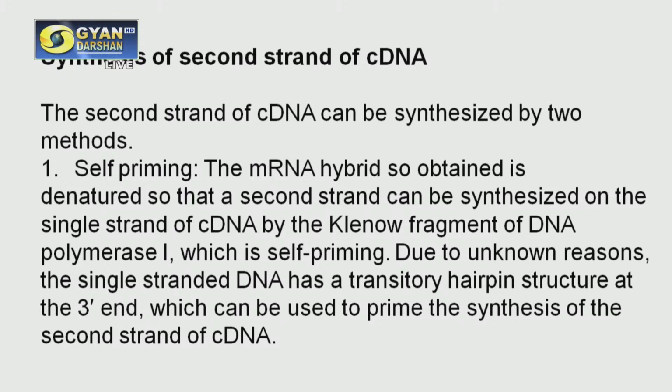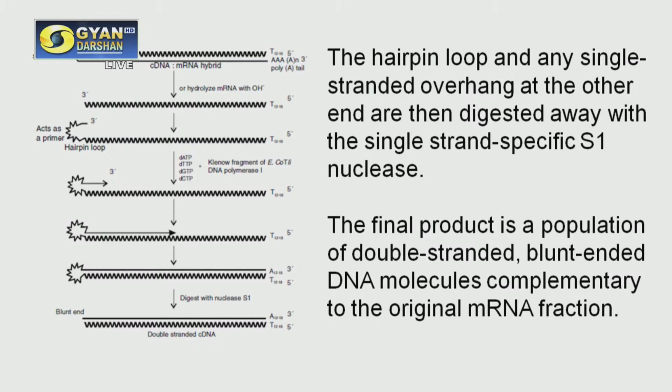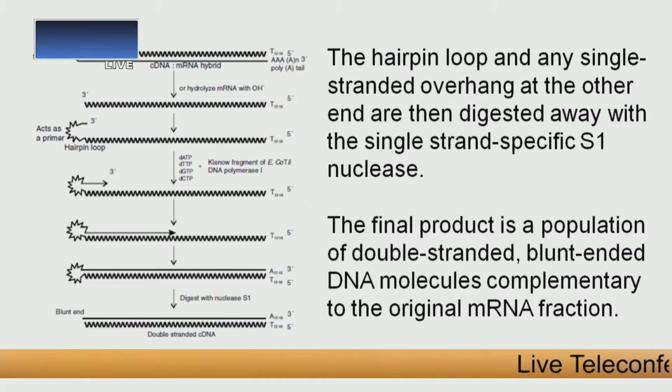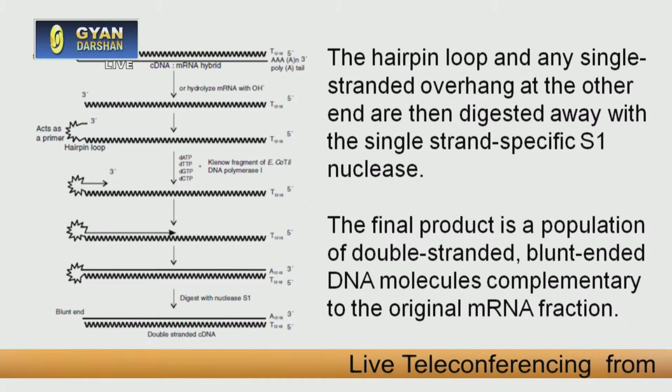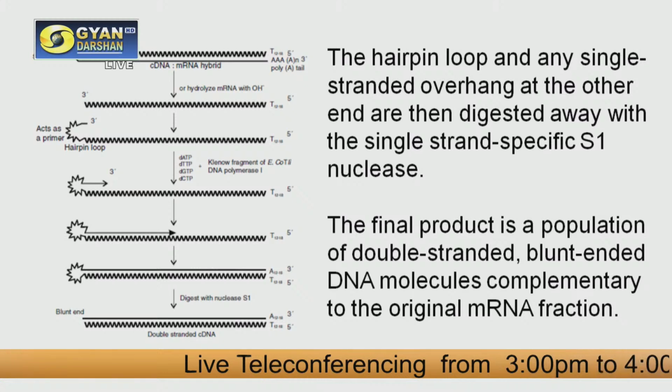If you look at the picture, probably you can understand better. See, on this 3' end, you have a hairpin loop-like structure, and this hairpin loop is acting as a primer for the synthesis of the second strand cDNA. And once the second strand cDNA is made, there is a digestion using the single-strand specific S1 nuclease.